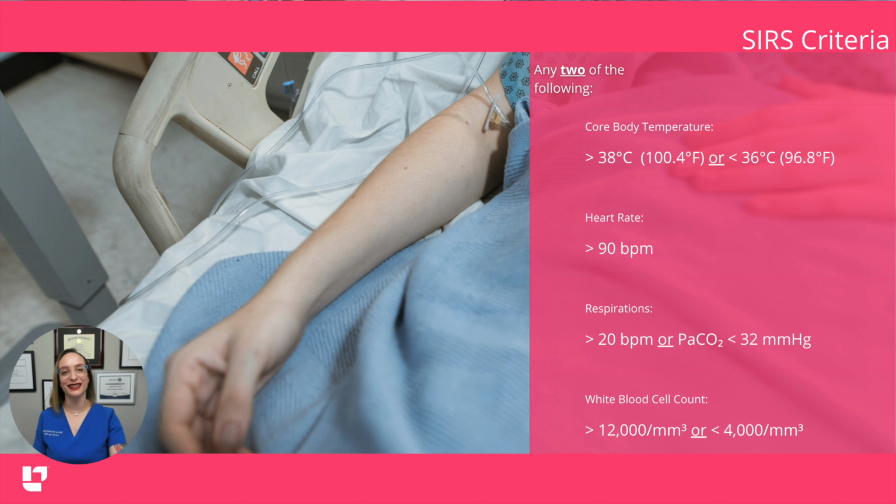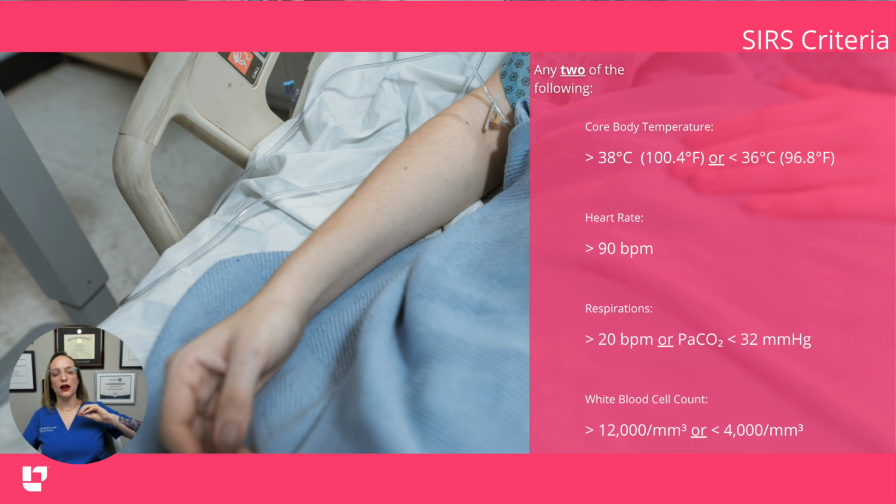And then lastly, white blood cell count. This is again one where I want you to pay close attention, just like with temperature. White blood cell count of greater than 12,000 per cubic millimeter or less than 4,000 per cubic millimeter. That is positive SIRS criteria. So again, we are used to thinking of infection when we're thinking of SIRS.